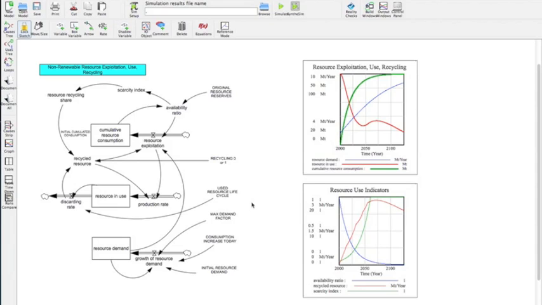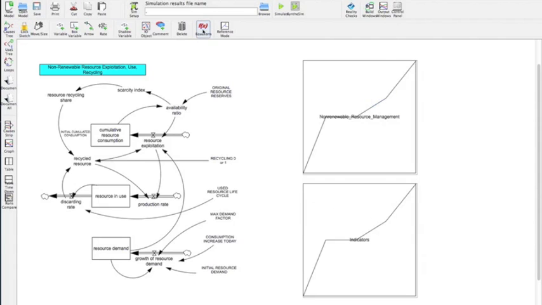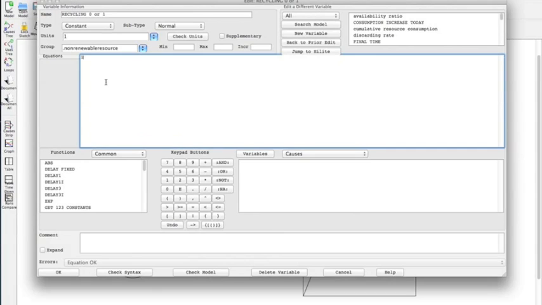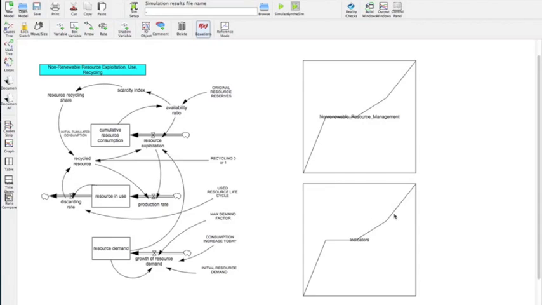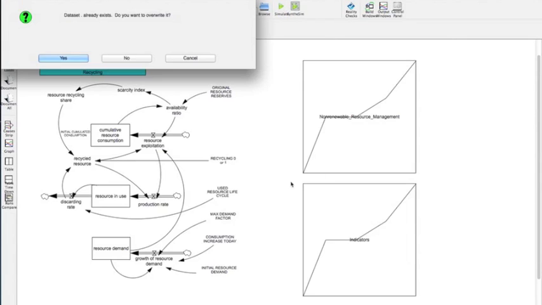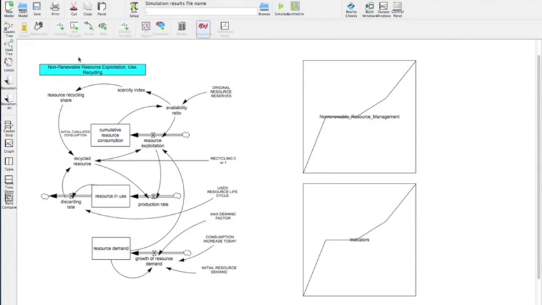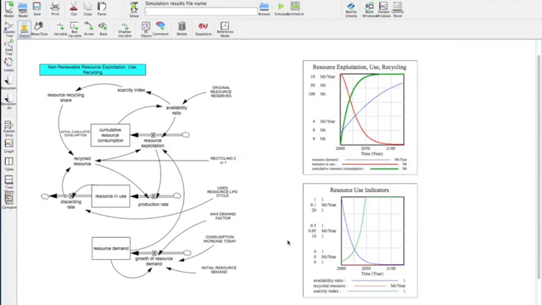But let me make a quick run before we finish this video by tweaking the recycling ratio from 1 to 0. Okay, just to say, well, there's no recycling, and let's run this again. And yeah, let's overwrite, no problem. And then what you have, well, you can see here that things are just starker.